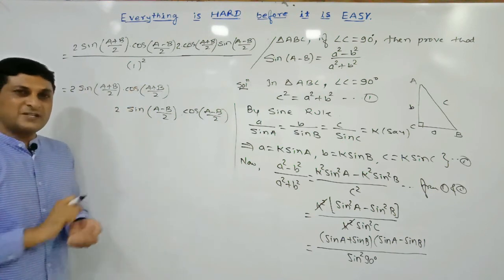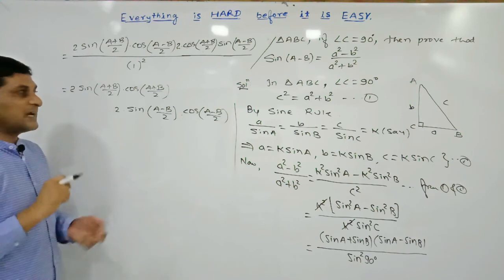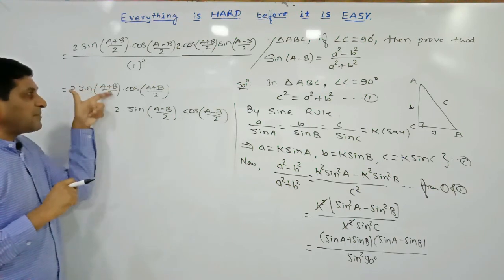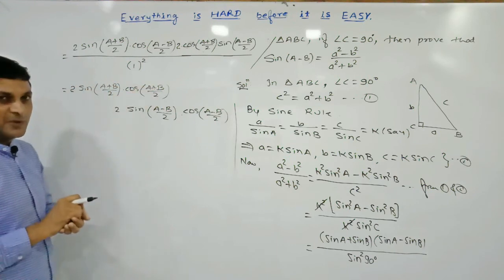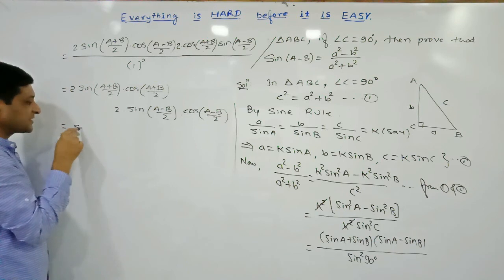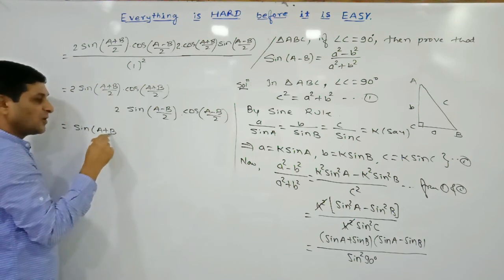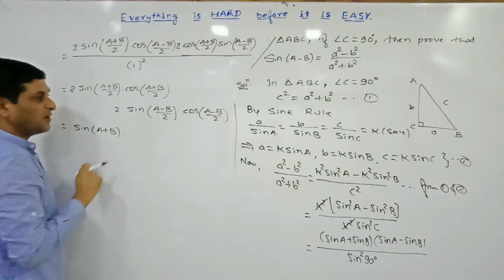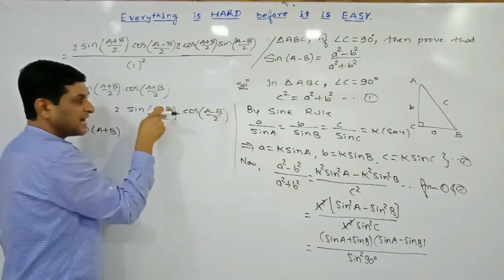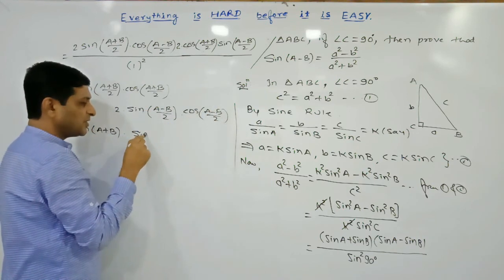We are trying to arrange the terms in the form of the half angle formula of sine. We know that sin theta can be written as 2 sin (theta/2) into cos (theta/2). Means 2 sin (theta/2) into cos (theta/2) is the value of sin theta. Theta is A plus B here. Again, if you observe, these terms are also in the form of 2 sin (theta/2) into cos (theta/2), which is nothing but the value of sin theta.